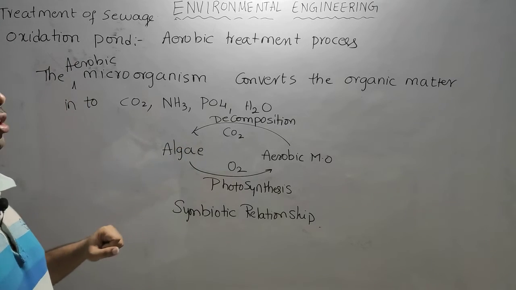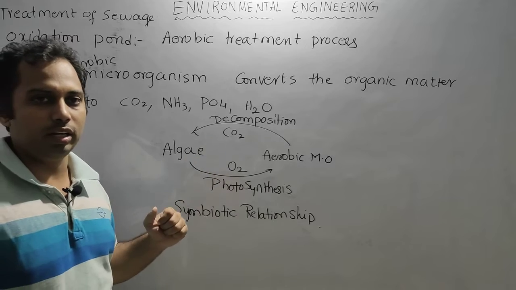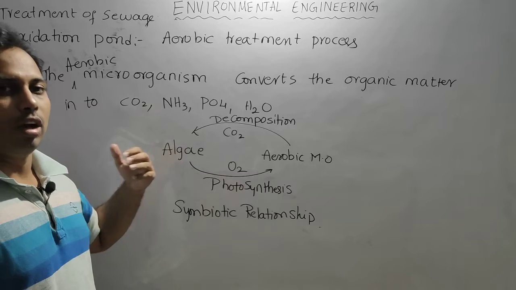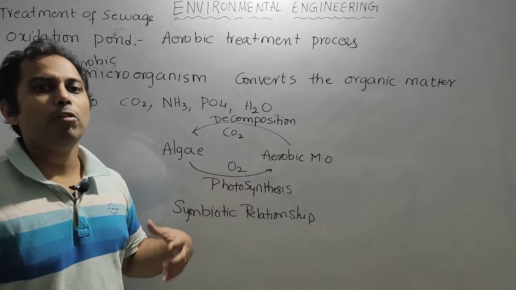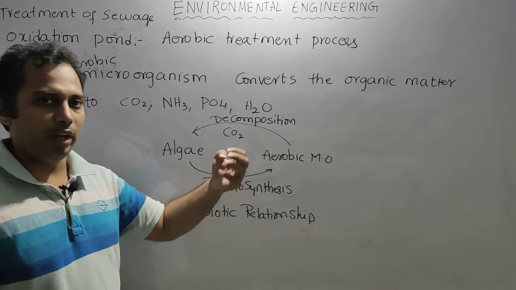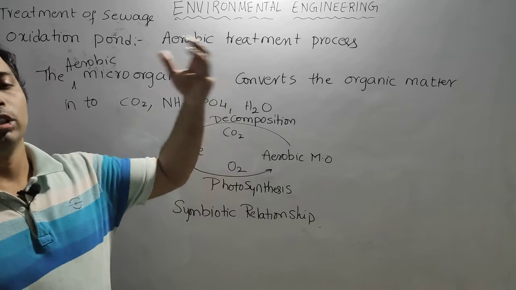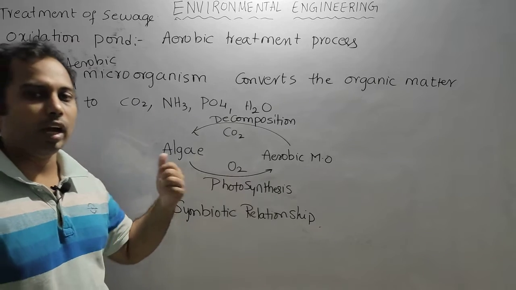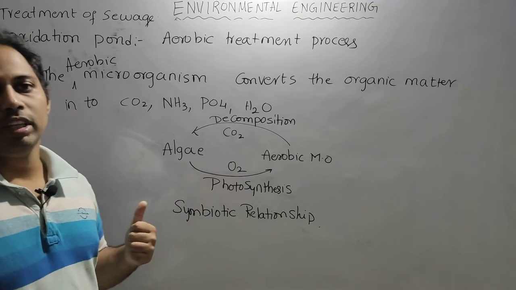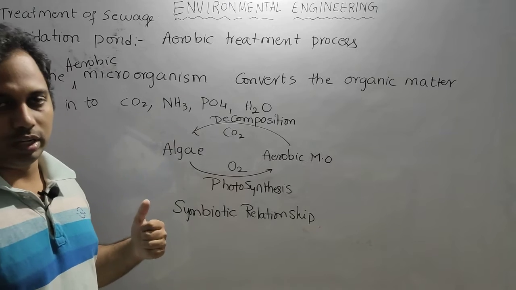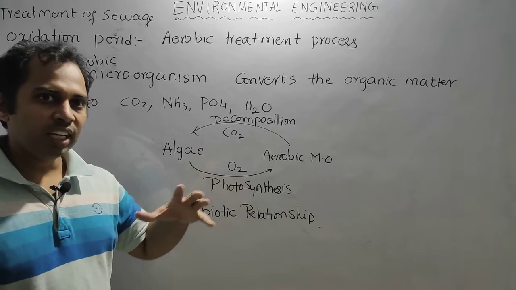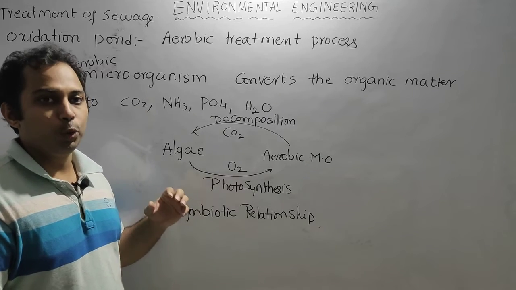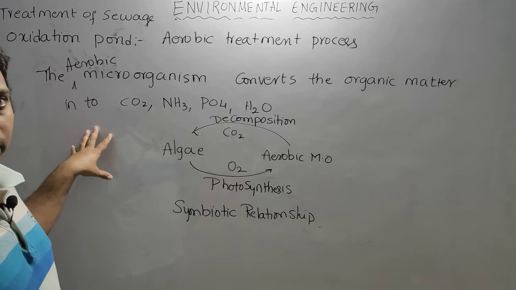The time taken to decompose the organic matter with the same parameters will be different. The time taken in Madhya Pradesh will be lesser, and in Jammu Kashmir will be more, because of the temperature. In Madhya Pradesh the temperature will be higher, it is nearer to the equator, whereas Jammu Kashmir is farther from the equator. So depending upon the temperature also, the duration of the decomposition varies from place to place.